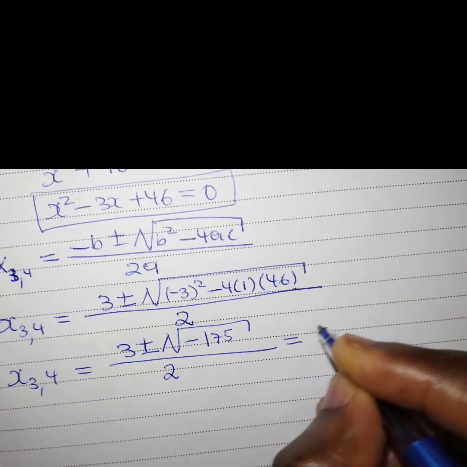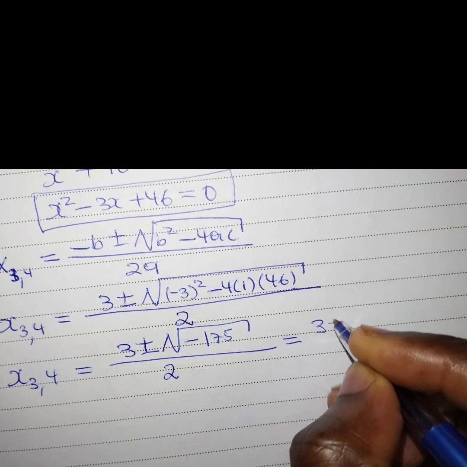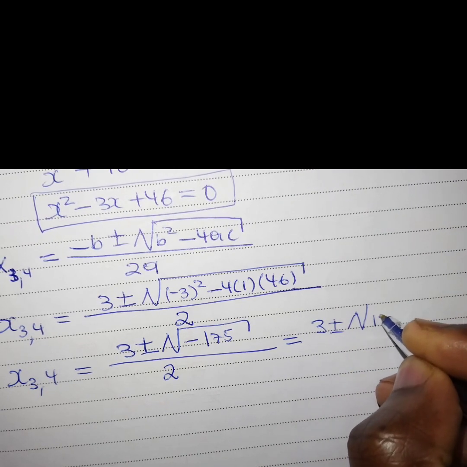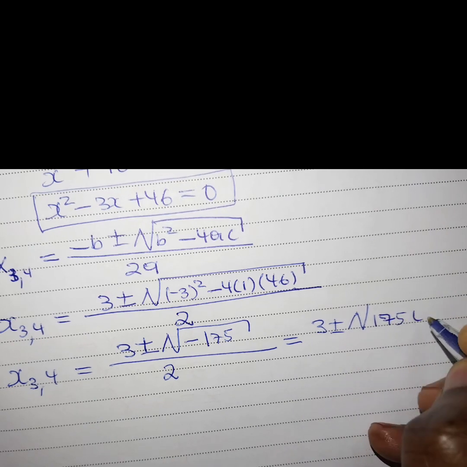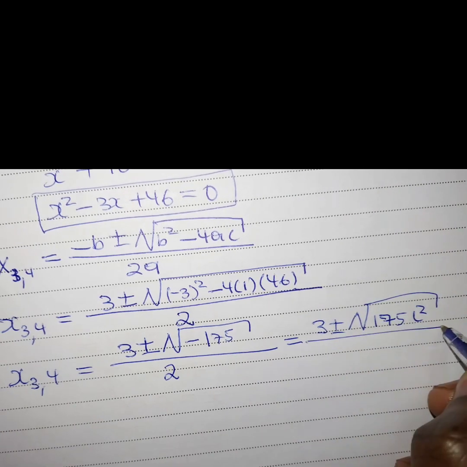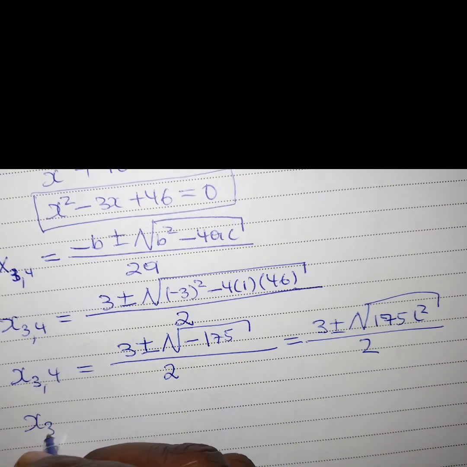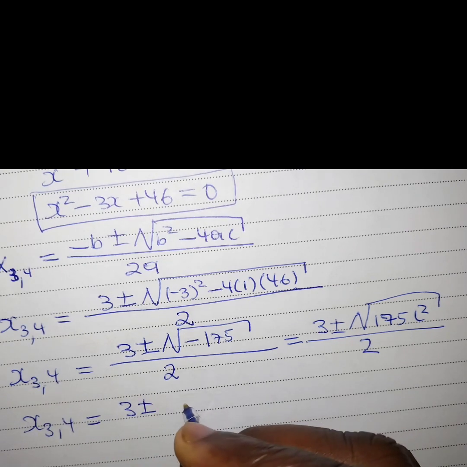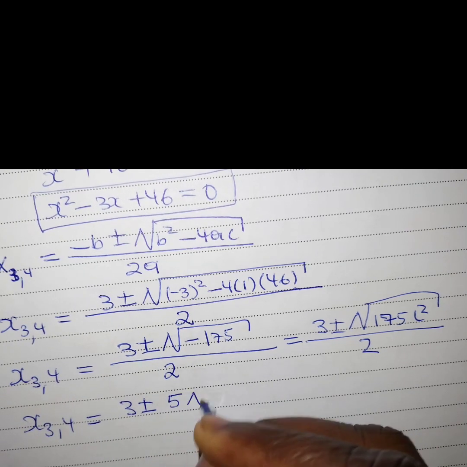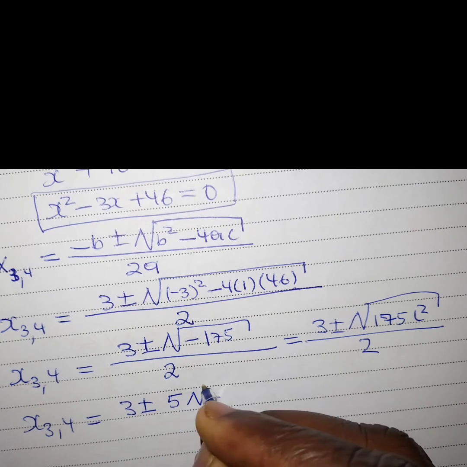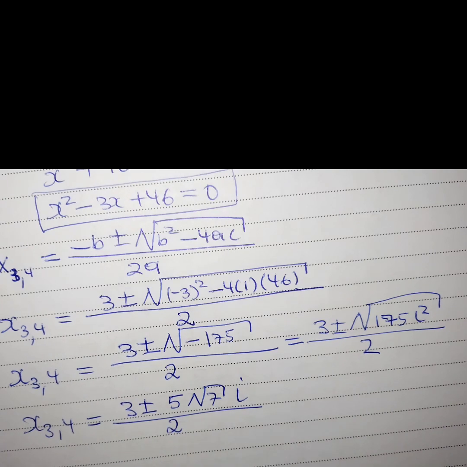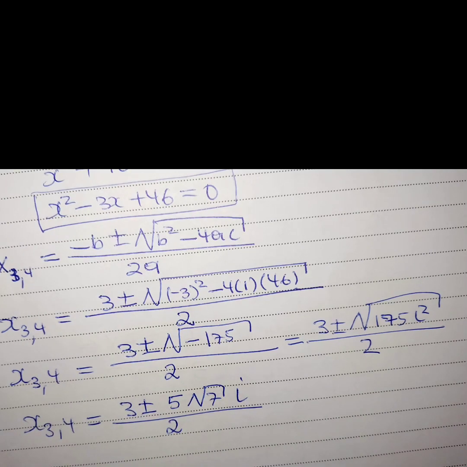So x3, x4 will be equal to 3 plus or minus 5 square root of 7i all over 2. So ladies and gentlemen, this is a complex solution.